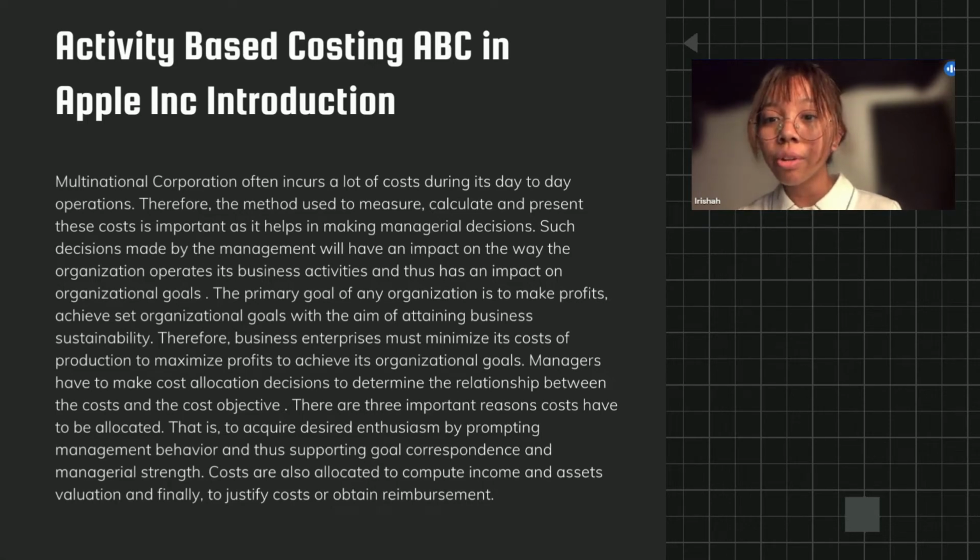The primary goal of any organization is to make a profit and achieve set organizational goals with the aim of attaining business sustainability. Therefore, a business enterprise must minimize its cost of production to maximize profit to achieve its organizational goals. Managers have to make cost allocation decisions to determine the relationship between the cost and the cost objective.